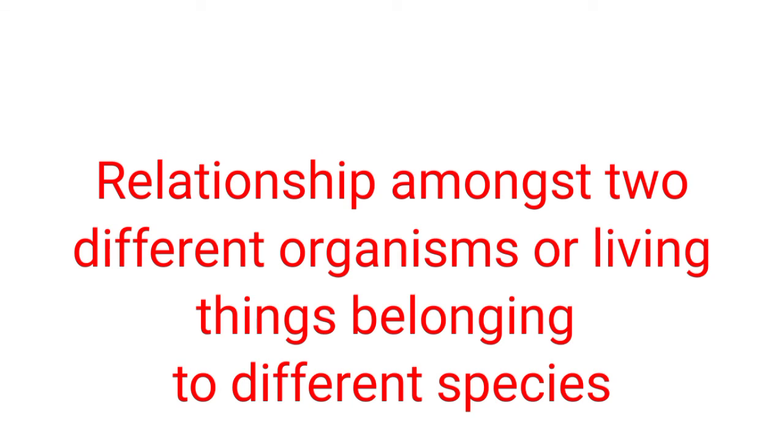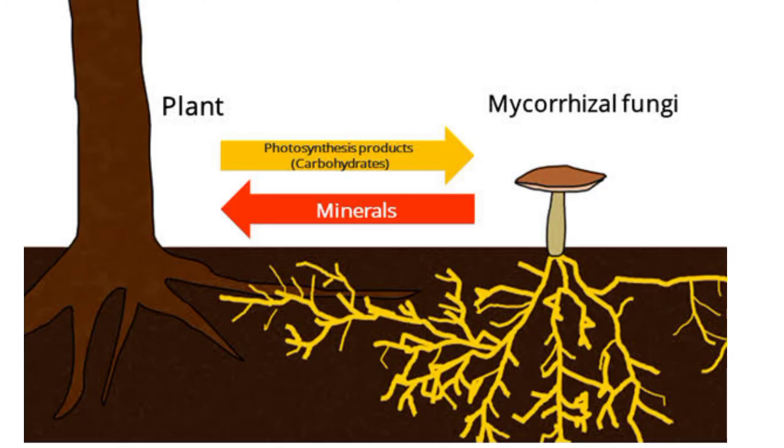Next, symbiosis. What is meant by symbiosis? Here, some organisms live together and they share both shelter and nutrients. Two organisms live together. They depend on each other for their shelter and nutrients. An example for this process is that a certain type of fungus lives inside the roots of plants.